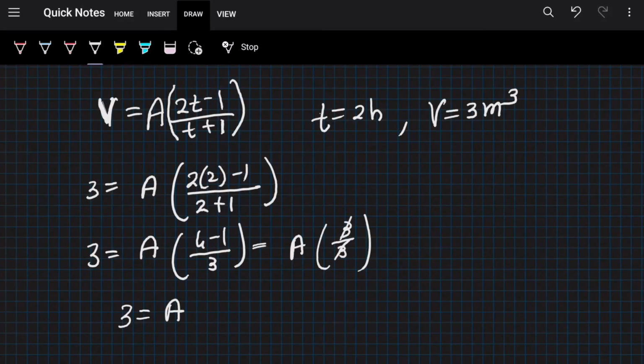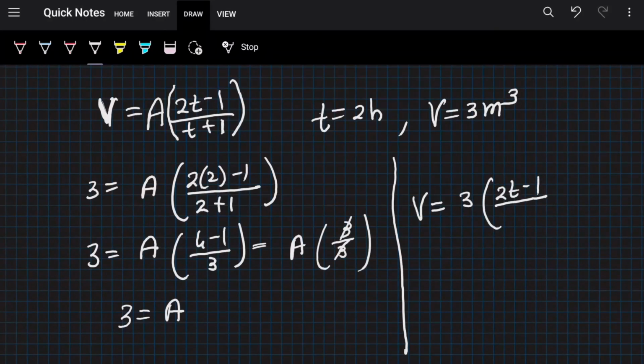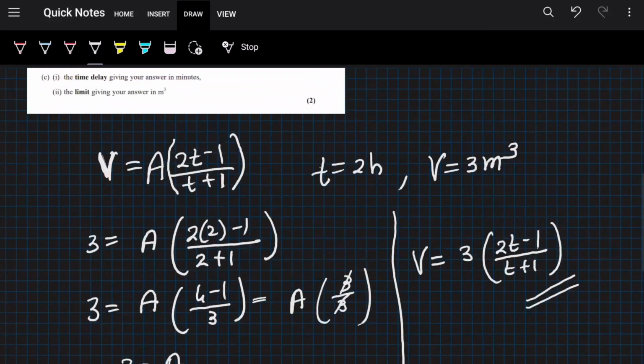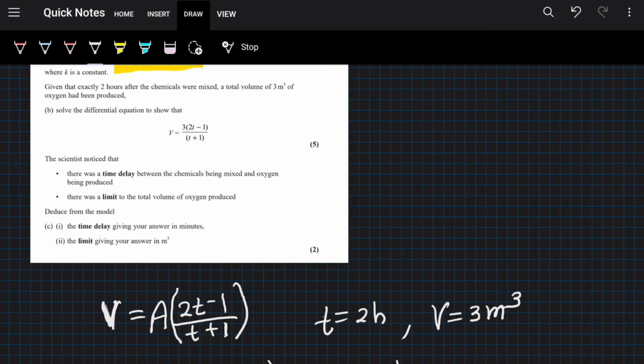So at the end we get v equals 3 times the bracket 2t minus 1 over t plus 1, as required. You can see that's what we get here.